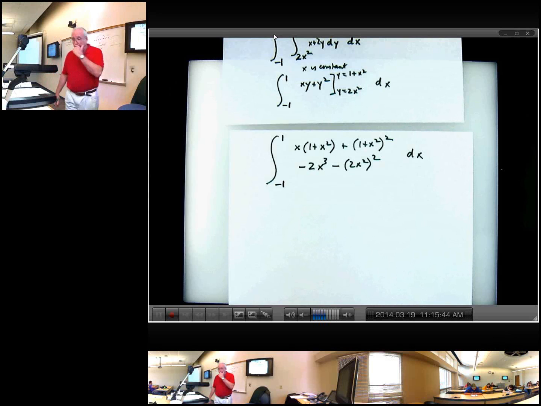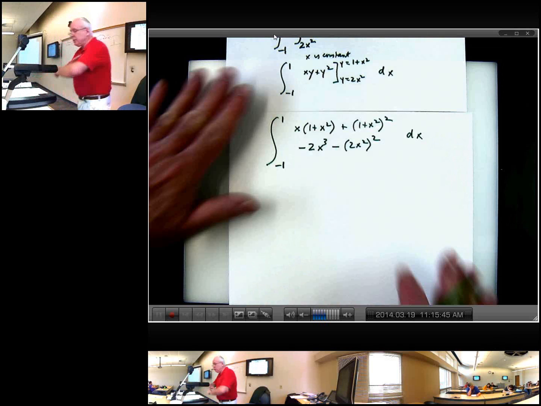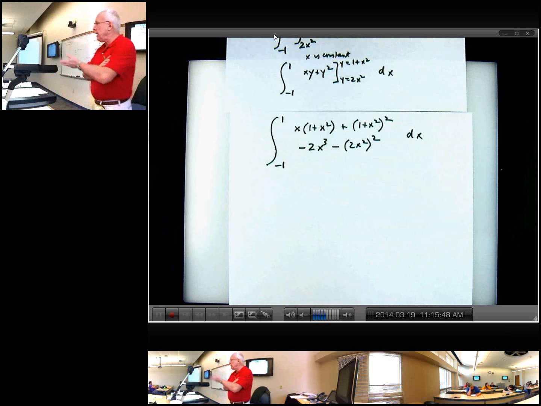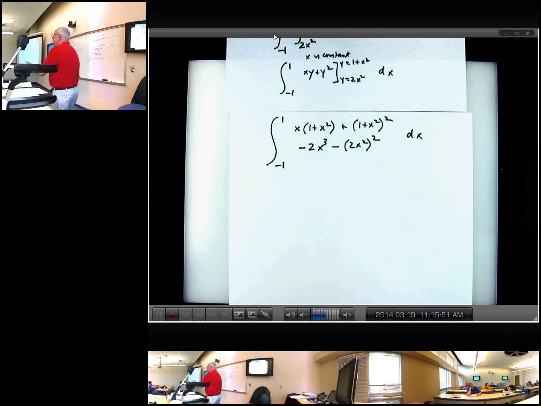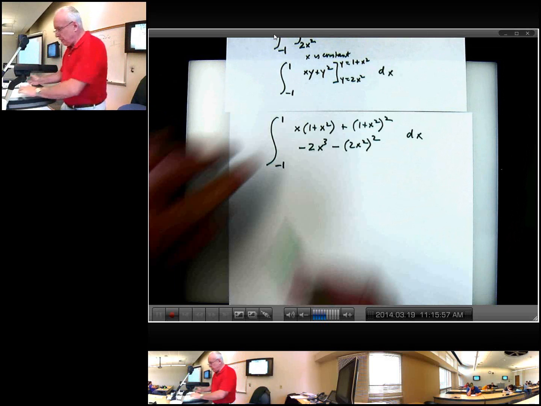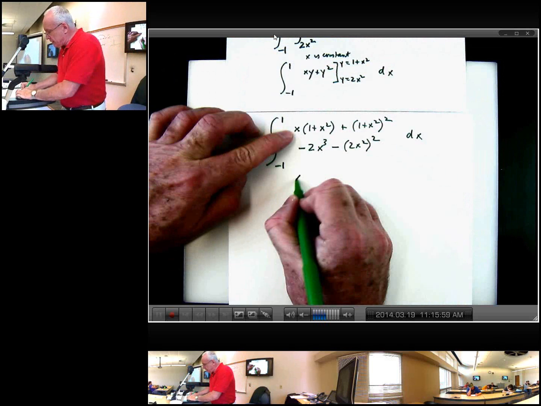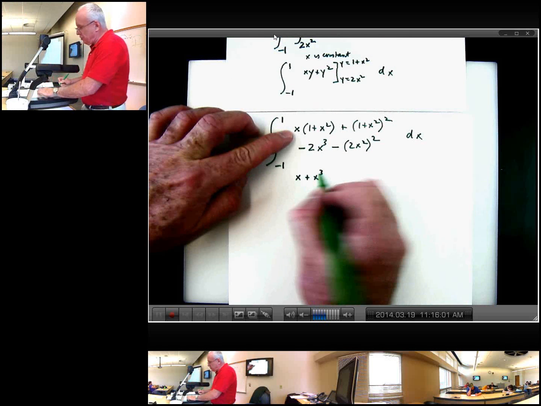Okay. So obviously what we have to do with this thing is FOIL and distribute and combine like terms. Not too bad on this particular problem, but let's work through it. Distribute the x, I get x plus x to the third.